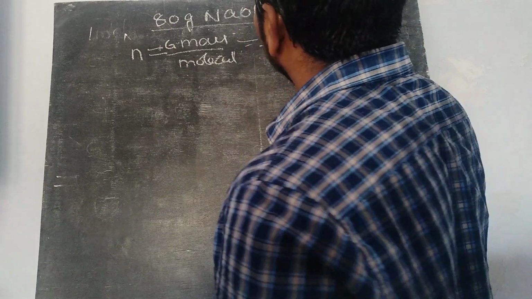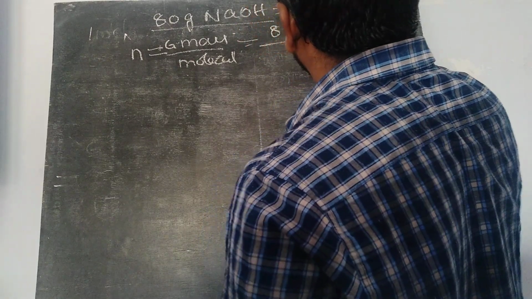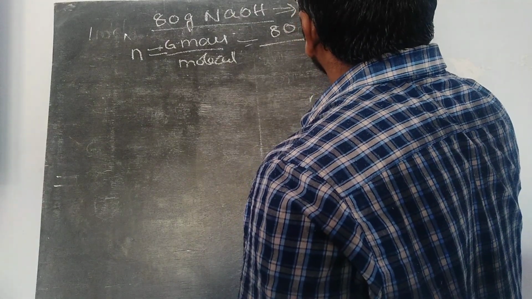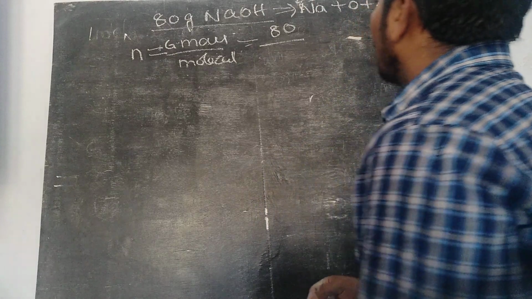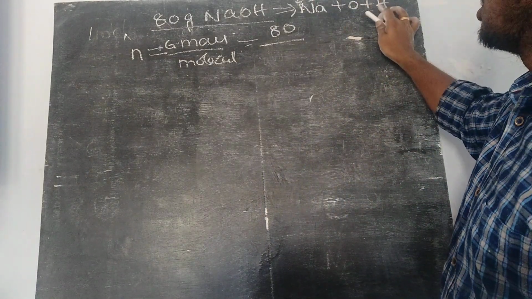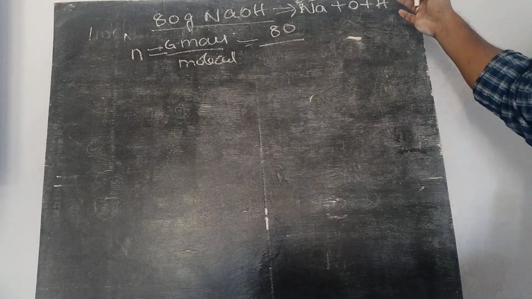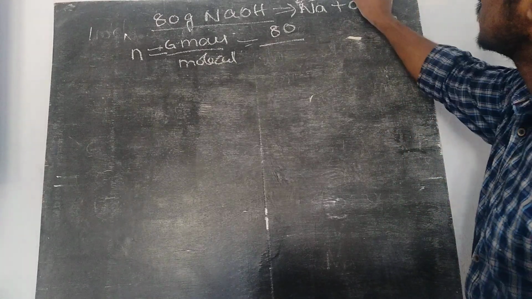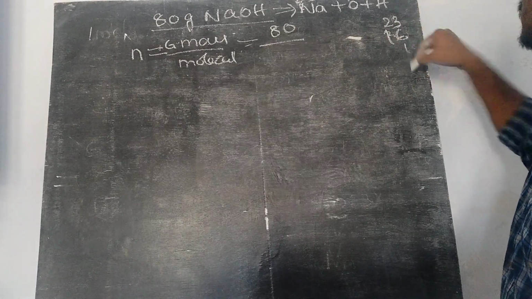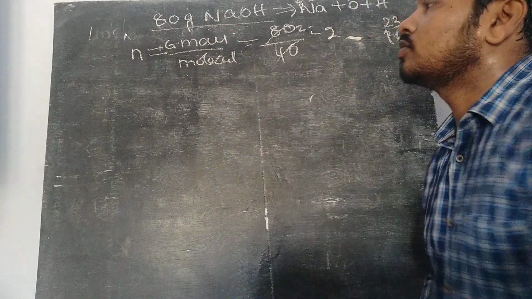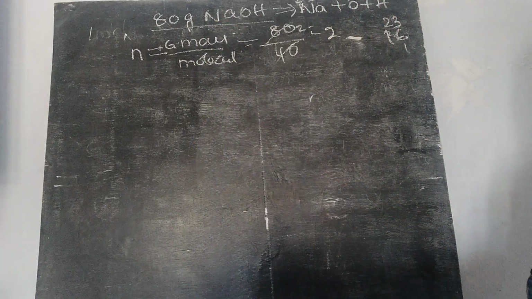The molecular mass is 40: sodium is 23, oxygen is 16, and hydrogen is 1, so 23 plus 16 plus 1 is 40. So 80 divided by 40 is 2. 2 moles of NaOH are present.